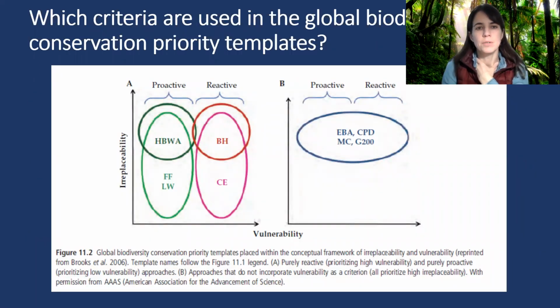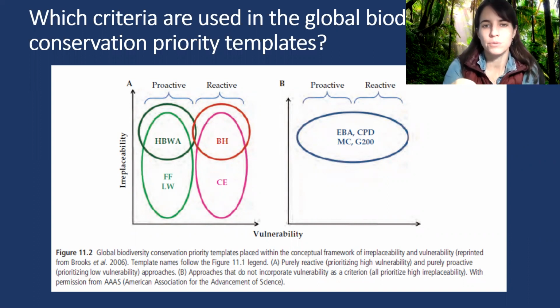And the book created this graphic that tries to visualize how both of those things are prioritized in all of those frameworks, templates. So this is saying, okay, in A, it's showing you a scale of irreplaceability and vulnerability. And then it's trying to group them also as proactive or reactive.